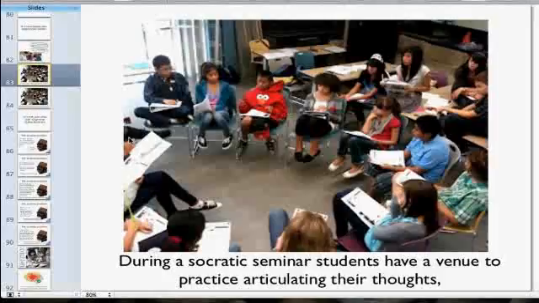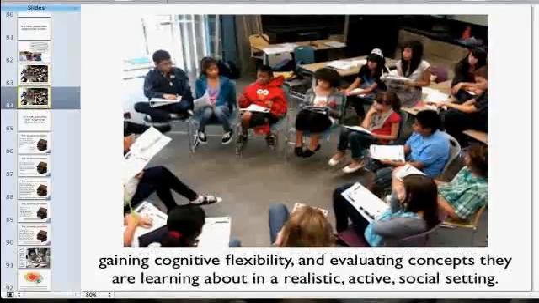So in a Socratic seminar, kids are getting great practice articulating their thinking, which is quite a big leap in the Common Core English language arts. The listening and speaking anchor standards are quite a bit more detailed and in depth than many current listening and speaking standards. Not only do they get a chance to articulate their thoughts, they do some other things that are really helpful.